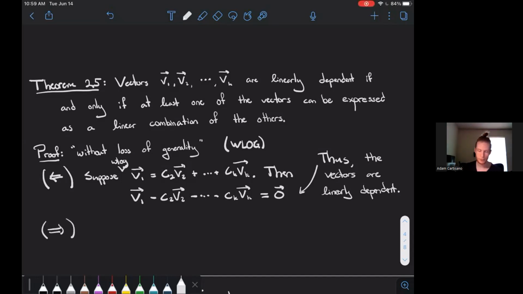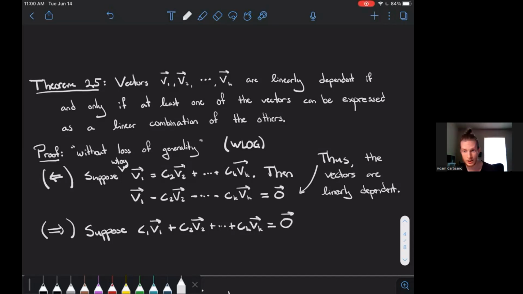So this time we suppose that the vectors are linearly dependent. In other words, suppose c1 v1 plus c2 v2 plus dot dot dot plus ck vk is the zero vector.